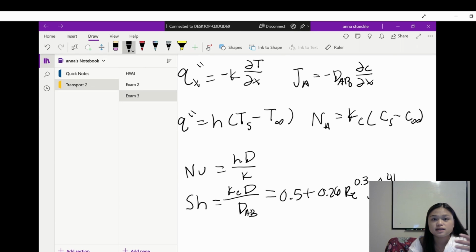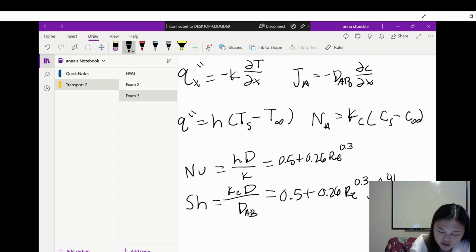Well, then we can say the same thing for those coefficients and exponents for the Nusselt number. So 0.5 plus 0.26 times the Reynolds number to the 0.3 power, and then instead of the Schmidt number, it will be the Prandtl number.